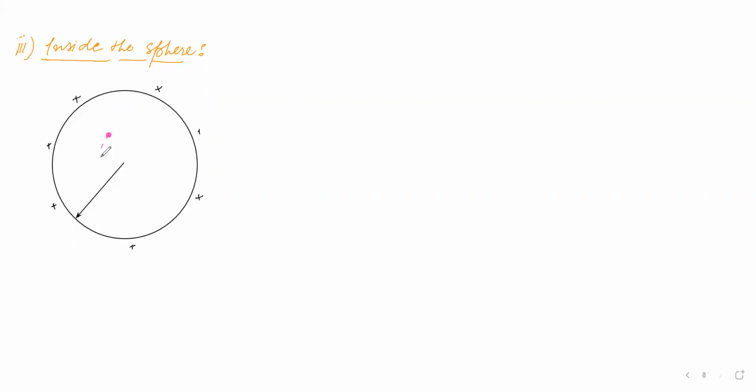First of all, you should draw a Gaussian surface which passes through this point. The radius of this Gaussian surface is small r, and we know if this body is a conducting body, then inside the conductor, the net electric field is 0.